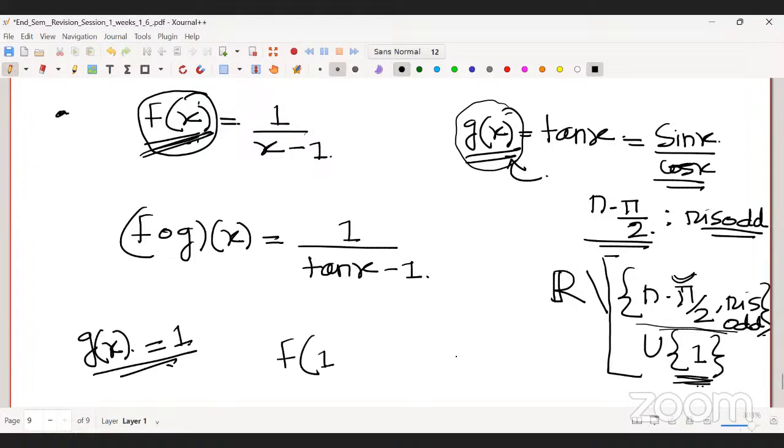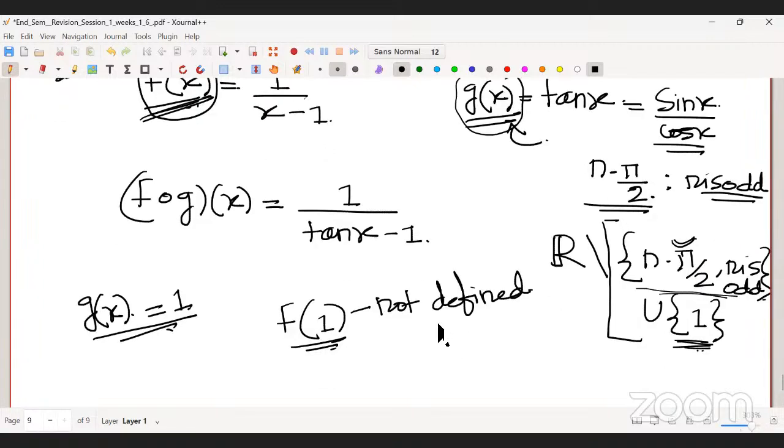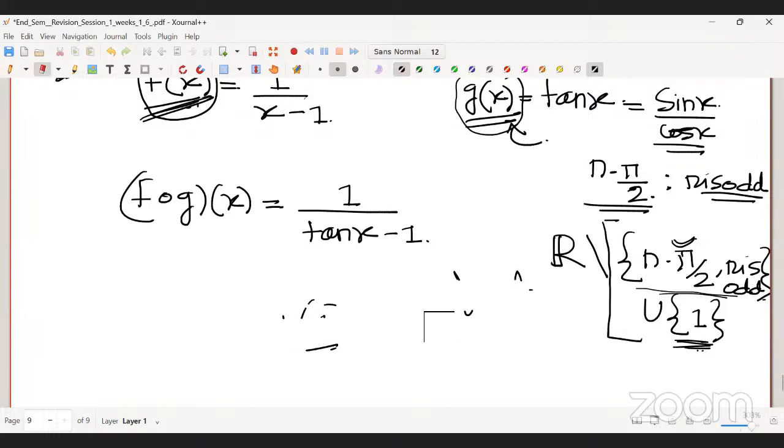I will get f of 1, right? Yes, sir. But f of 1 is not defined, right? So I need to remove all the points in the domain of g such that g of x is 1.